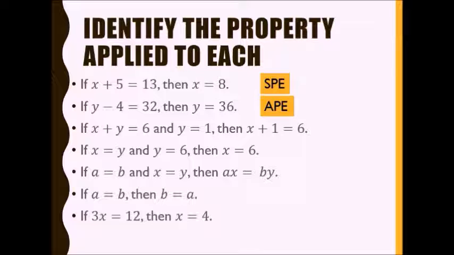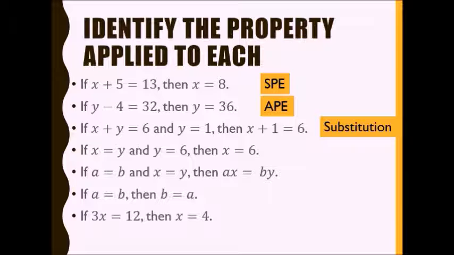Next. So, if x plus y equals 6 and y equals 1, so as you can see, y has been replaced by its equal quantity, which is 1. So, x plus 1 equals 6. Basta nag-replace ka, that one is substitution.